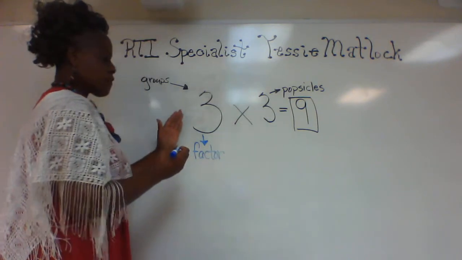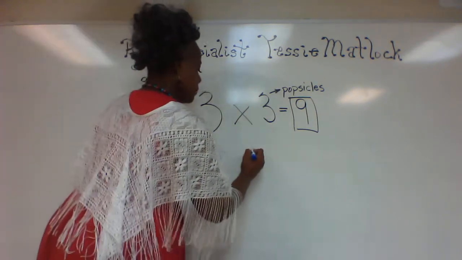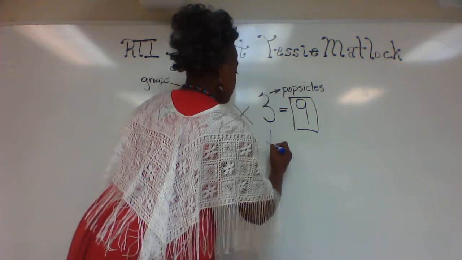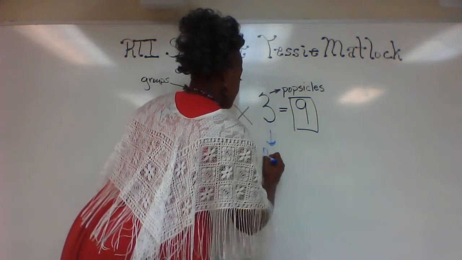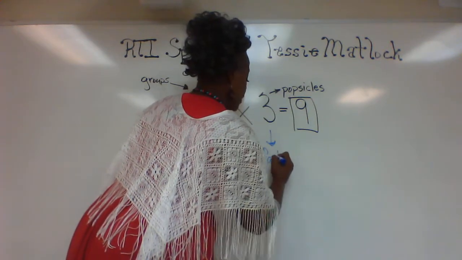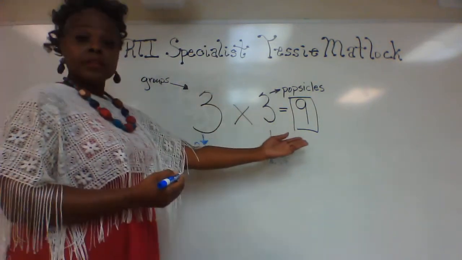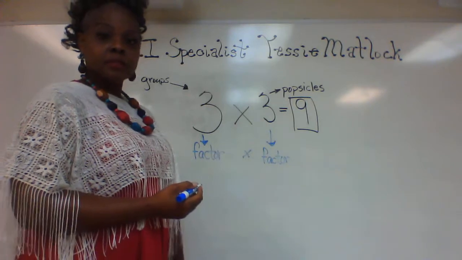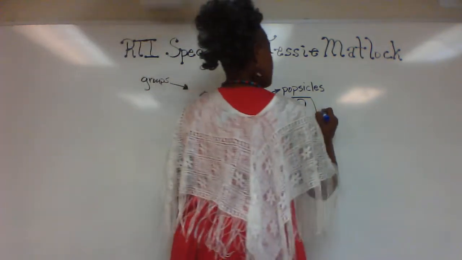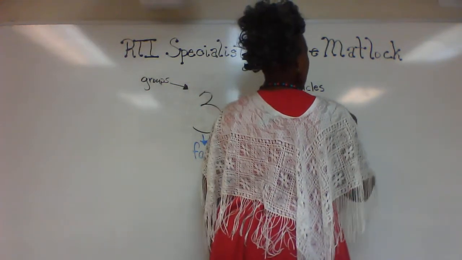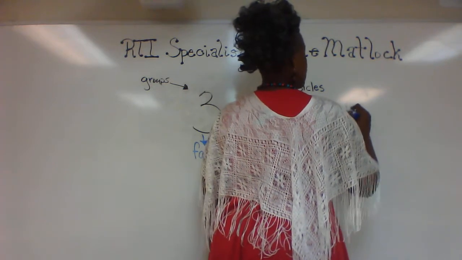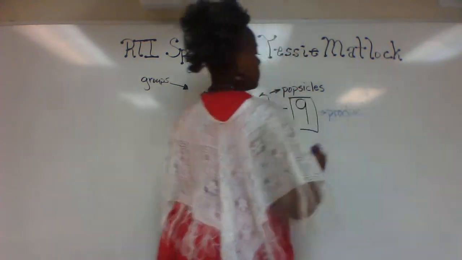F-A-C-T-O-R. Factor times a factor equals the product. The product in this sense is 9. Product. P-R-O-D-U-C-T. Product.